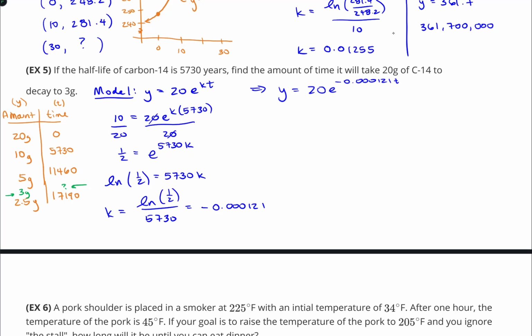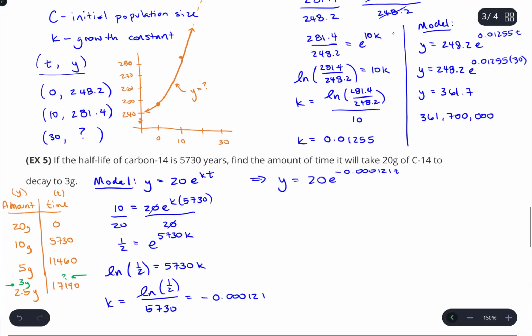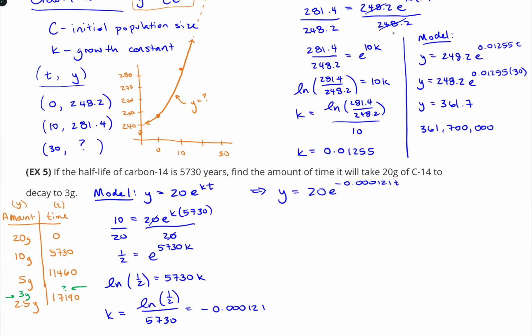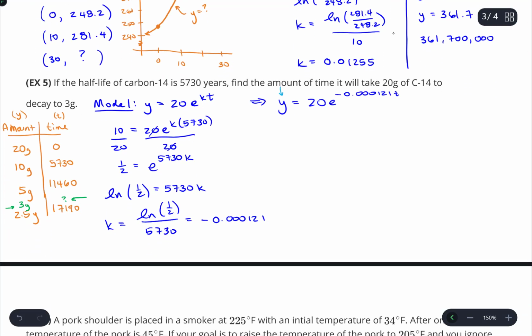But unlike the previous example, where once I got this model, I plugged in a value here for t, I'm going to plug in a value here for y, because I'm solving for how long it takes to reach a population size, or an amount remaining, however you want to look at that. So the new amount I want is 3 grams. Then if I divide both sides by 20, that cancels out.